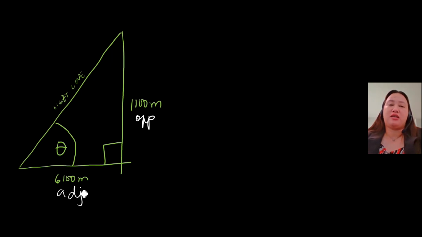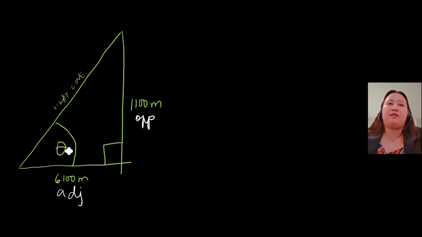Therefore, this is the adjacent. The sight line is opposite the 90-degree angle, so it is the hypotenuse. But remember, the hypotenuse, the sight line, is not given. It is also not being asked in the problem. So the opposite and adjacent are the only ones that we are going to use.